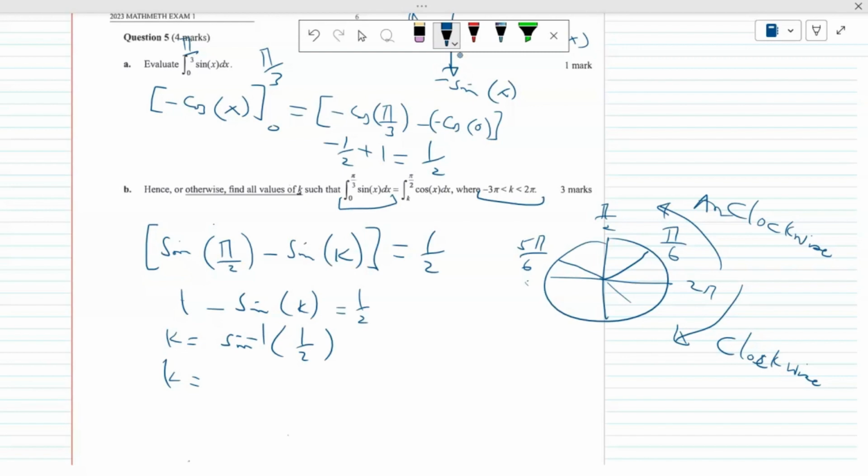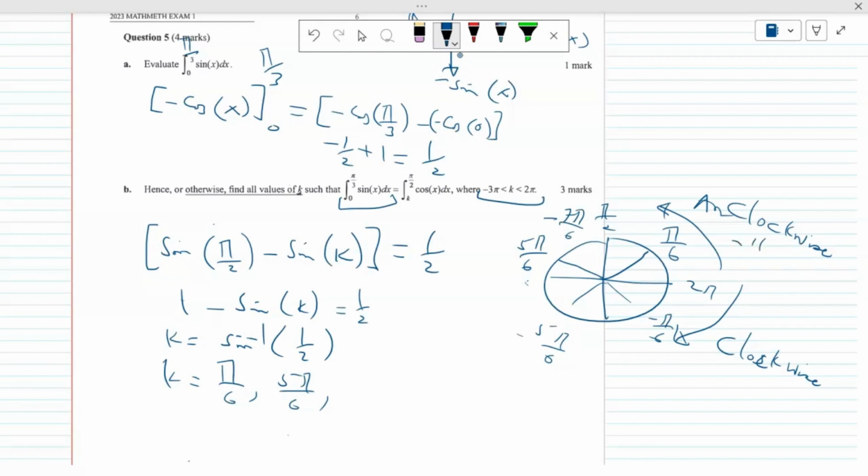So that's going to be pi on 6 first, 5 pi on 6. And also, if that is negative pi over 6, so that's going to have to be negative 5 pi on 6. So this side here, because it's going to be in the third and the fourth quadrant when you go in the clockwise direction, so that means it's going to be 7 pi over 6.